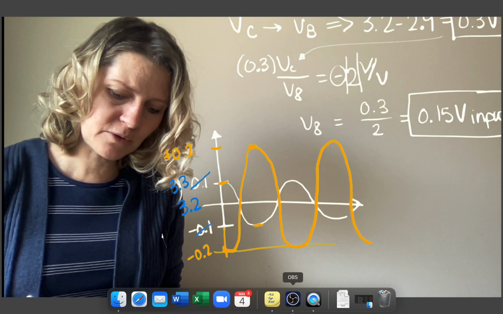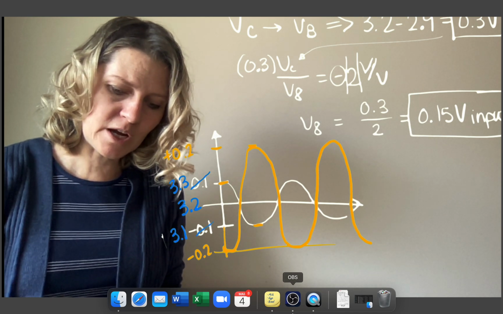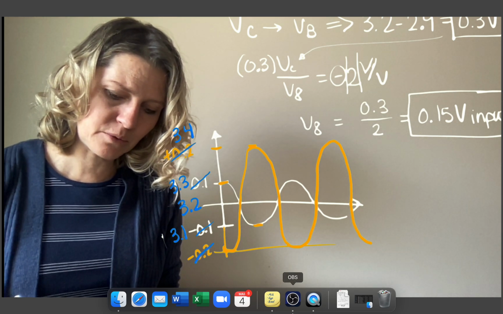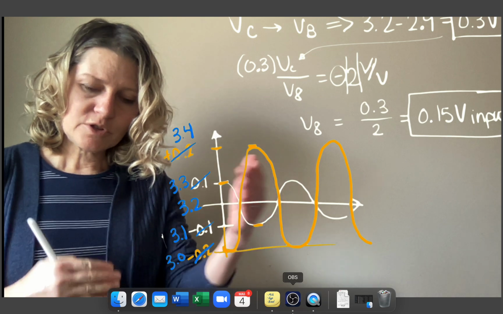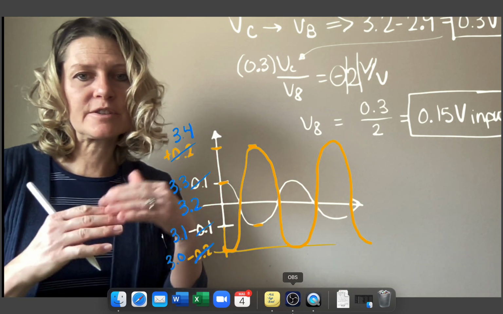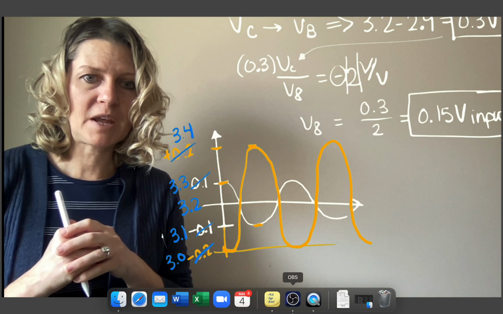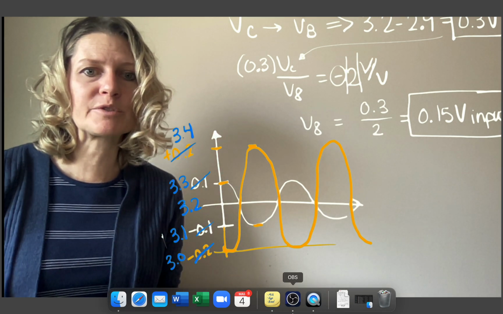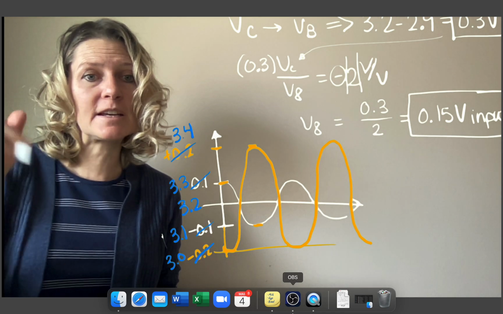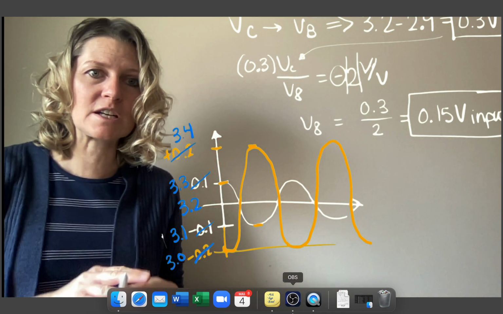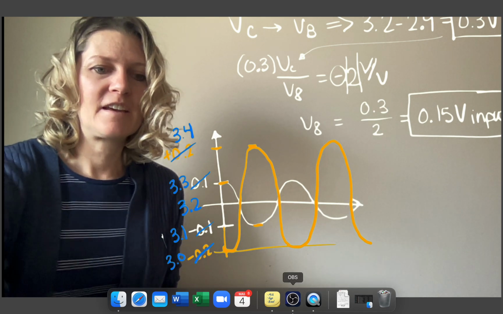This value would be 3.1, and going up, this would be 3.4, and then going down would be 3.0. So you can see that it never reaches the DC value of 2.9, and it never goes higher than the 5 volts. So this would amplify it linearly, so it doesn't cut it off or distort it in any portion of this. All right, that was this example.